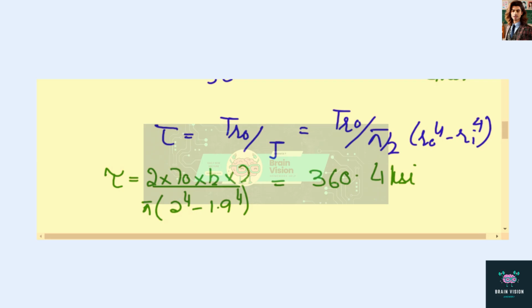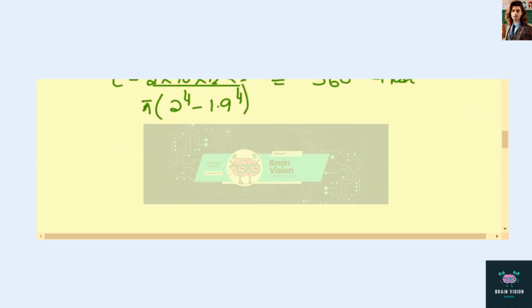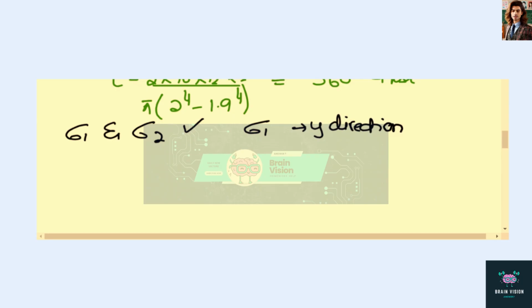Now we are going to figure out the direction of these stresses. Looking at the directions of sigma sub 1 and sigma sub 2 from chapter 8, again these are not principal stresses, but we are using the same notation as in chapter 8. We see that sigma sub 1 is in the y direction, and sigma sub 2 is in the x direction.